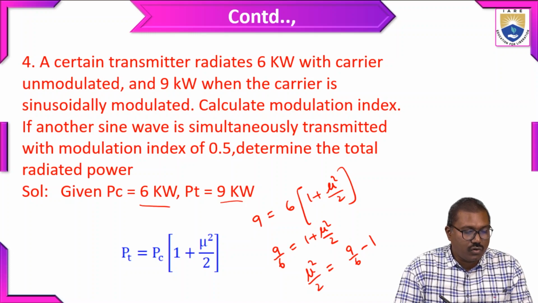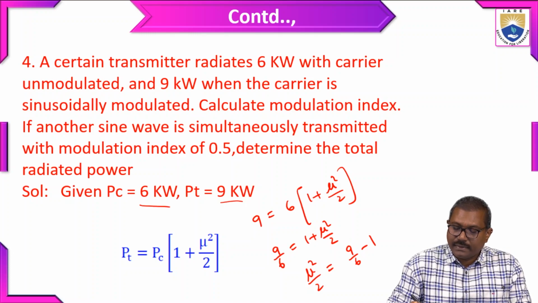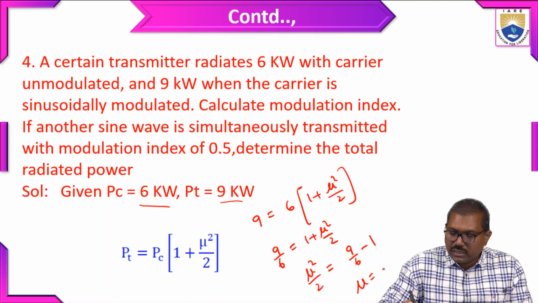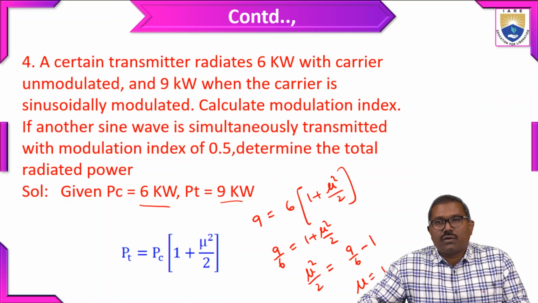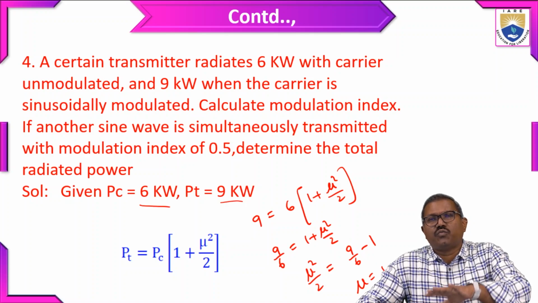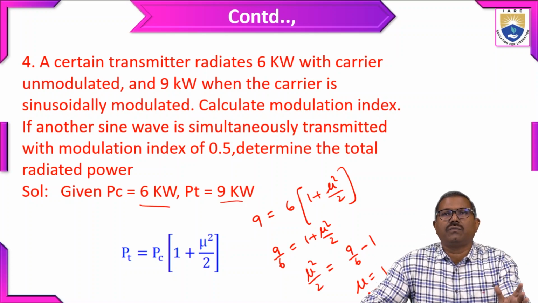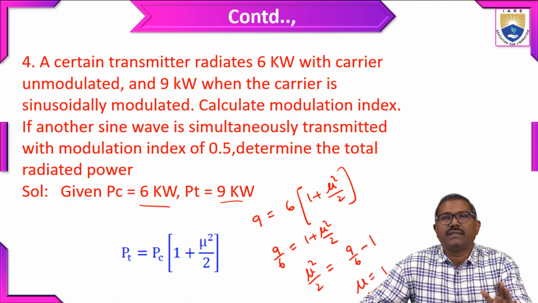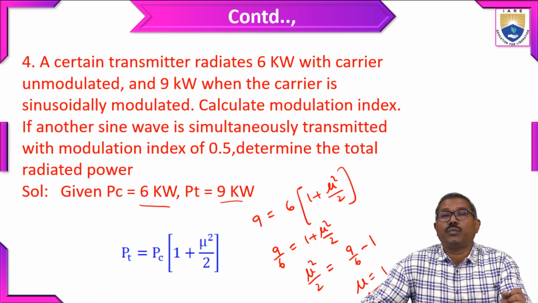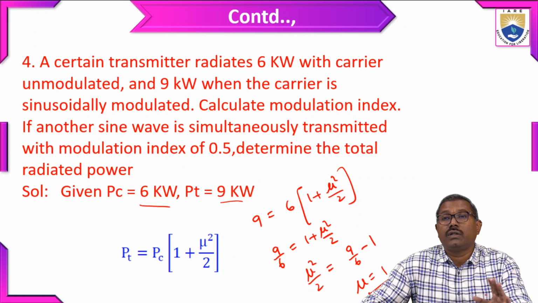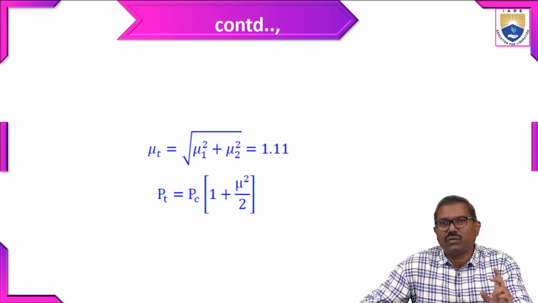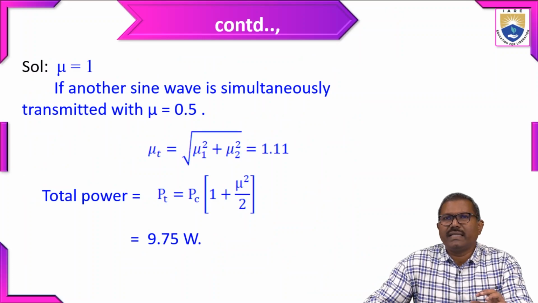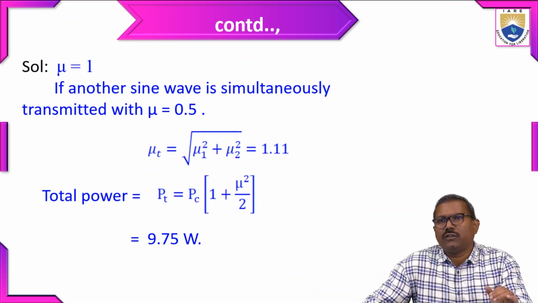After solving this, you are getting mu value is 1. So after finding this mu value, another sine wave is simultaneously transmitted with the modulation index of 0.5. So here we are getting two modulation indexes. So that's why here we are getting the total mu value.